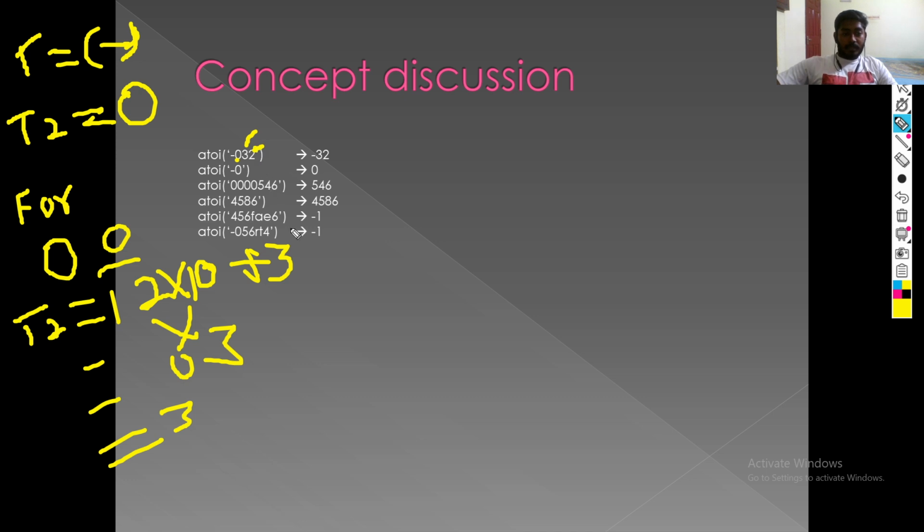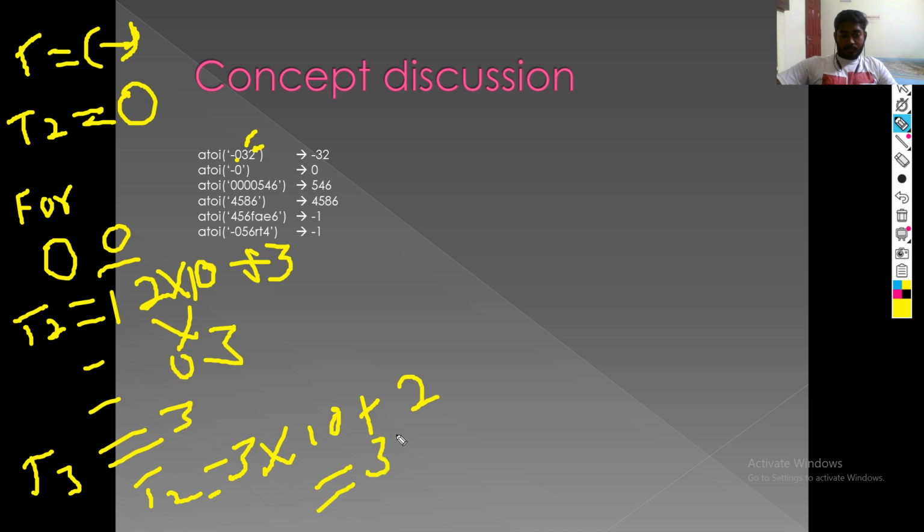Likewise, we get 2. Now t2 is equal to 3, so we do 3 into 10 plus 2, which equals 32. This will be our output. I hope you guys get it.